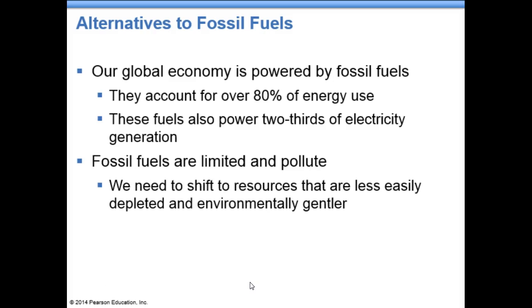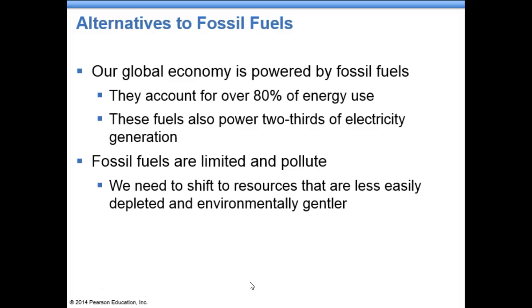There is an added benefit to developing these alternatives because they're going to help diversify an economy's mix of energy. And when we do this, it will actually lessen price volatility and our dependence on foreign fuel imports. So there's some positives with that. We do have a wide range of alternatives to fossil fuels, and most of what we have are renewable. Most will have less impact on health and the environment, and most will unfortunately remain more expensive than fossil fuels at the start, but that should only be short term, and as we start to use them more, it should come down.